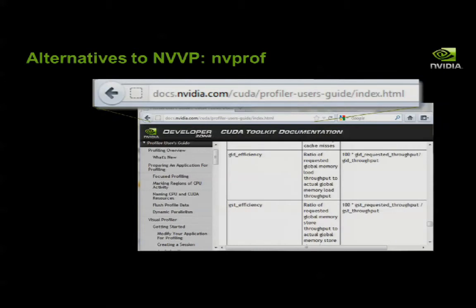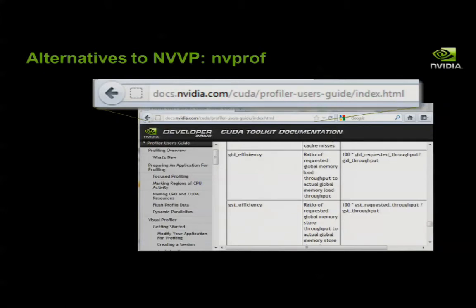So in the NVVP, we had this nice GUI pop up and say we had a global store efficiency of 12%. Well, that meant that the global store efficiency was calculated as the ratio of the global store requested throughput and the global store throughput. Now, for the global store requested throughput, you can look it up in that list, which events you need to collect in order to compute that.